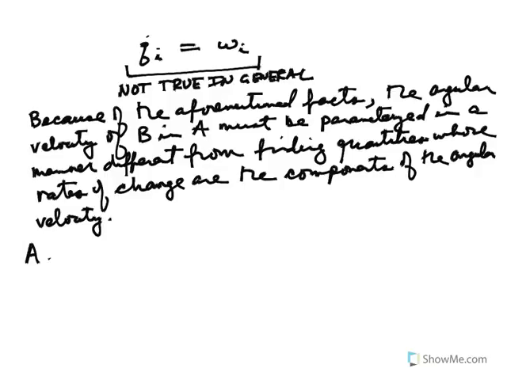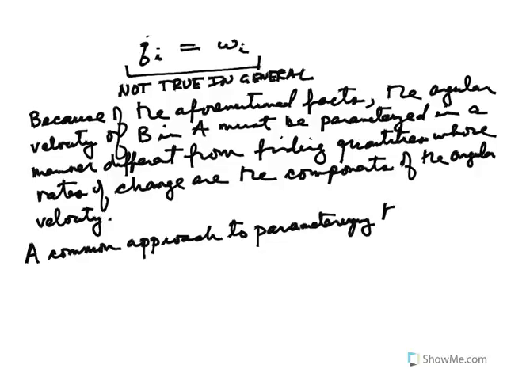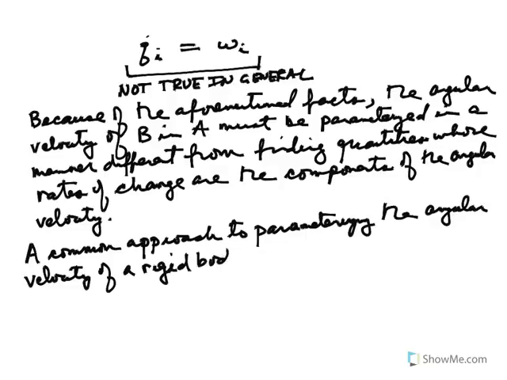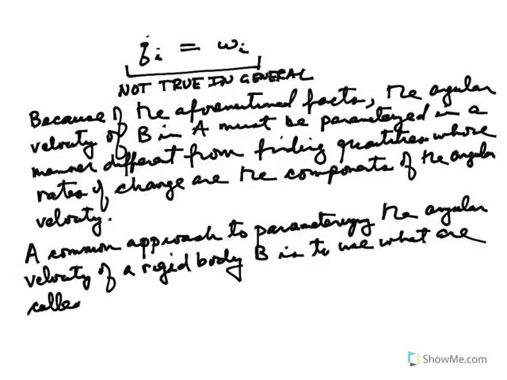So a common approach to parameterizing the angular velocity of a body is to use what are called Euler angles.